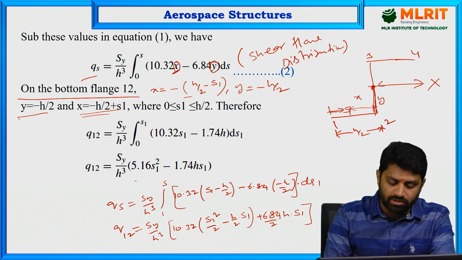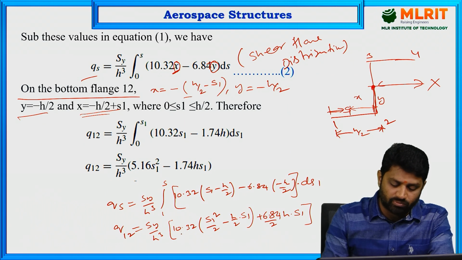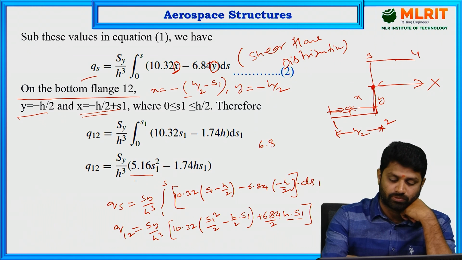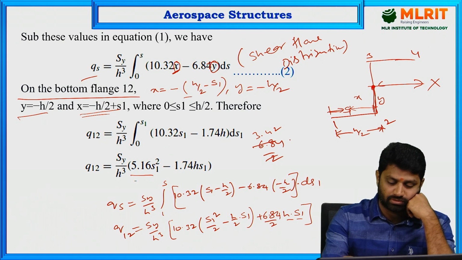So for the q12 distribution, you can put it in the form and write this as 10.32 s1 square by 2, which gives 5.16 s1 square, and this minus h by 2 into s1, 6.84 by 2 into h into s1. You can reduce this form of the equation. 6.84 by 2 you are going to get 3.42, and again you got minus half, that is 0.50.